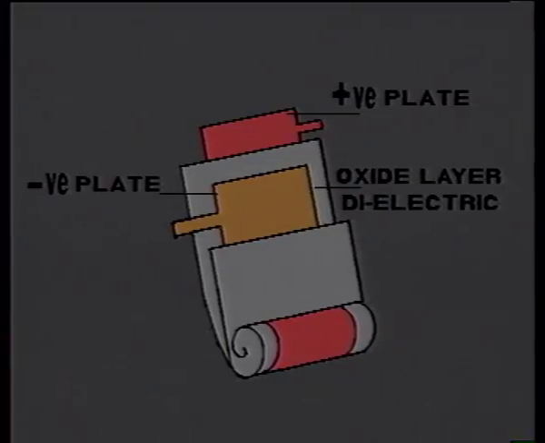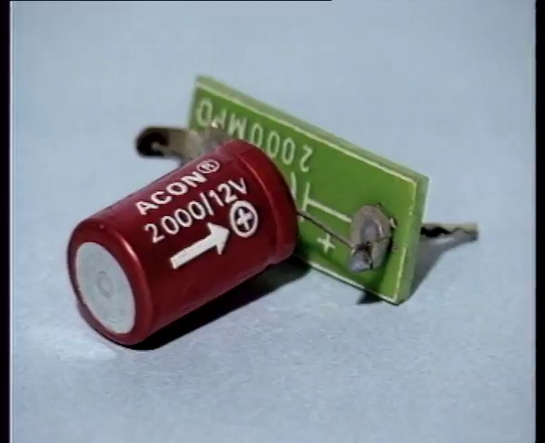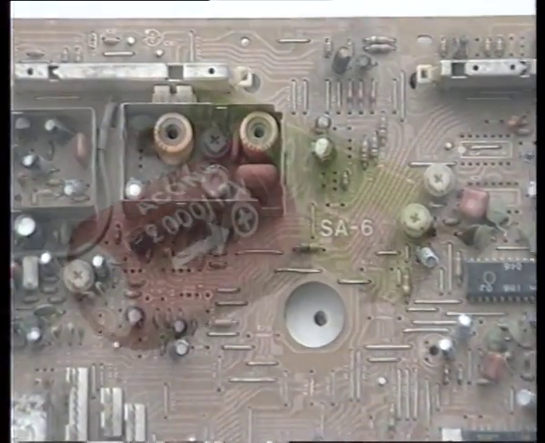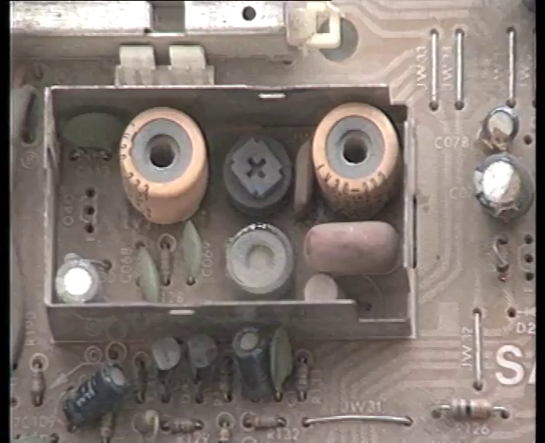They have large areas rolled around each other to make the capacitor compact. An electrolytic capacitor has a positive and a negative terminal. These terminals must be connected at the appropriate ends so that there is a DC through them in the correct direction.